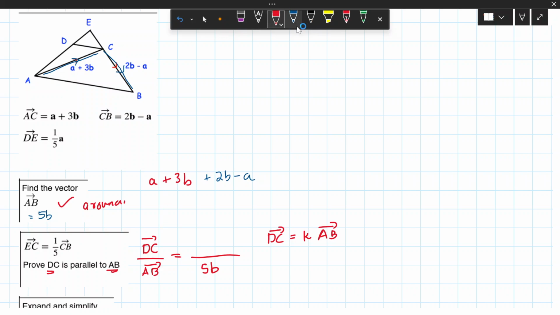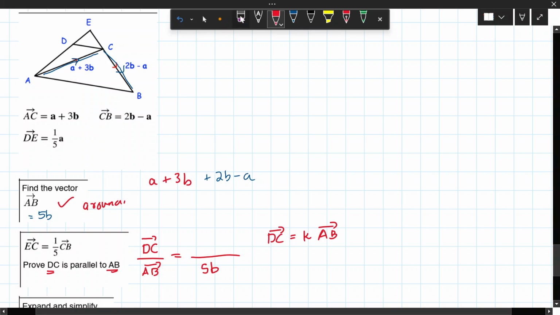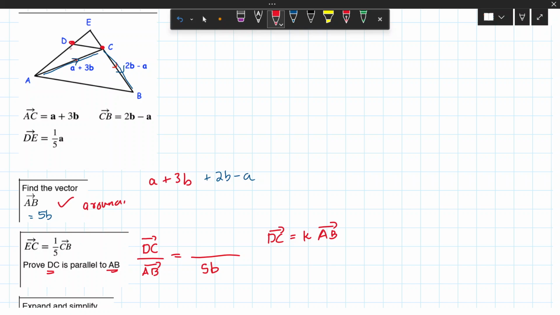So if I have to find DC, I need to get to C from D. So let's see, how do I do that? I'm gonna need the EC vector to do that.